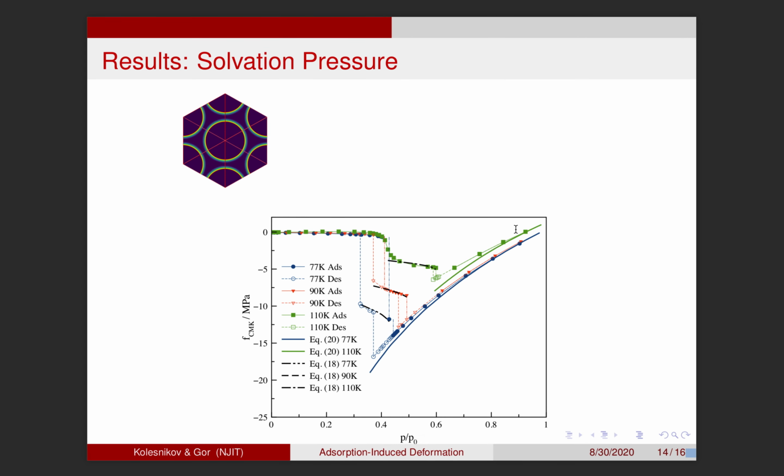If we look at these profiles in the context of the obtained solvation pressure, it will also explain the behavior. Initially, when we just have these thin liquid films on the rods, they do not stretch the springs, they do not cause contraction, they do not cause expansion. So the deformation in this initial region is zero. There is no Banham effect, unlike in cylindrical pores.